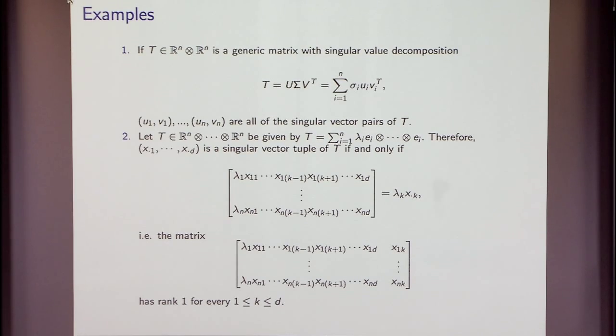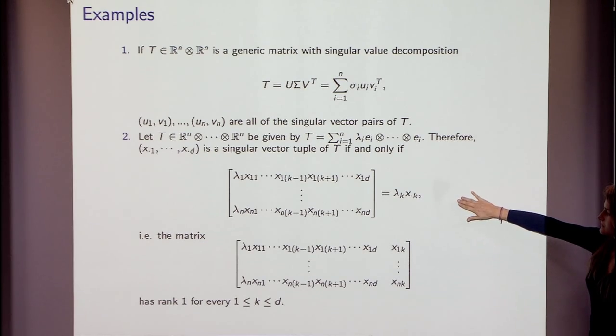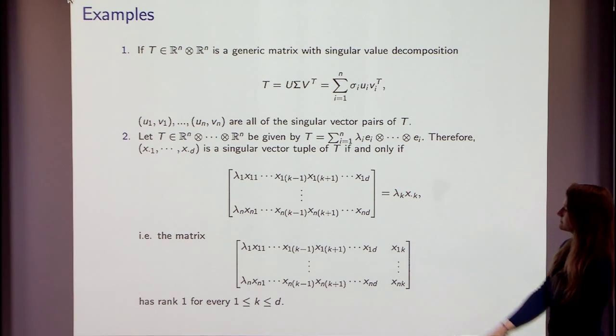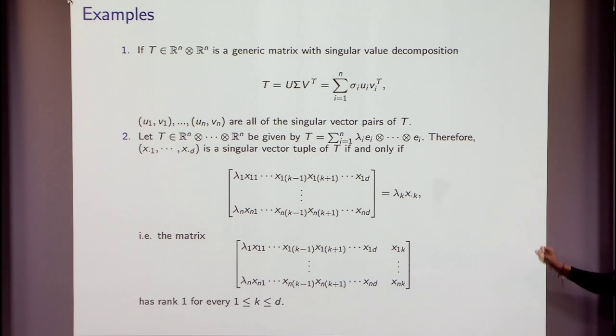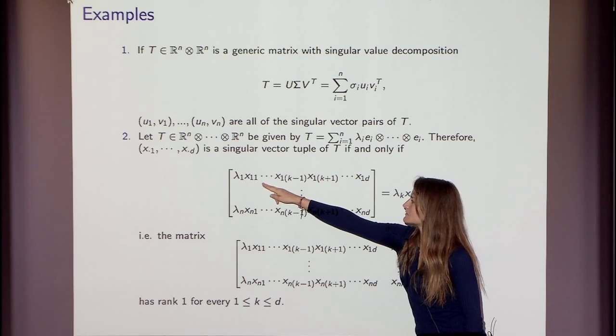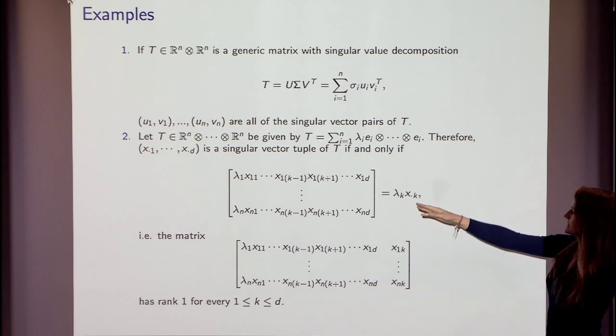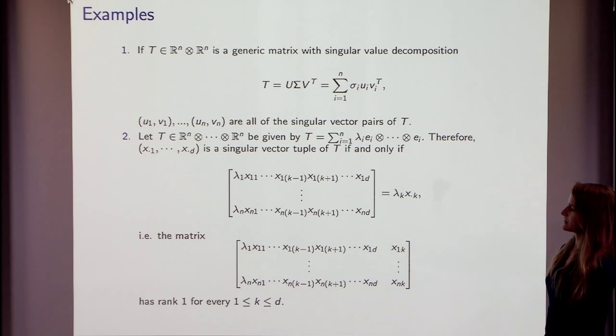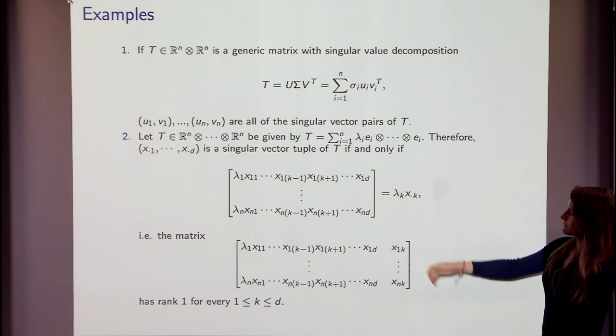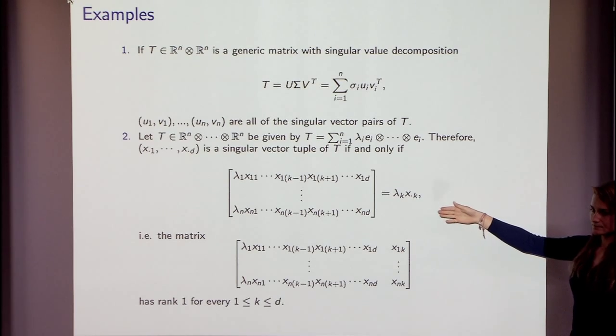Well, if you unravel what the definition means, it just says that there are d-tuples, x1, x2, through xd, that satisfy these equations. Oh, actually, this lambda is different here. Basically, if we multiply all of the x_1 times x_2 times through x_d, except for the kth one, and we form this vector, it has to be parallel to xk.